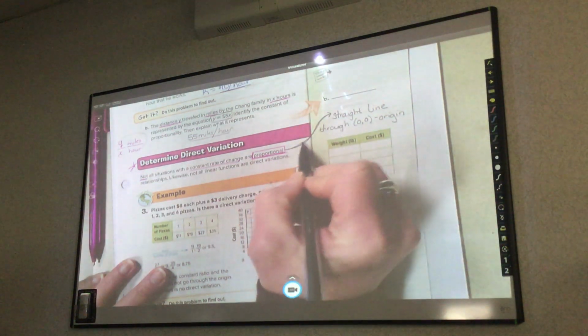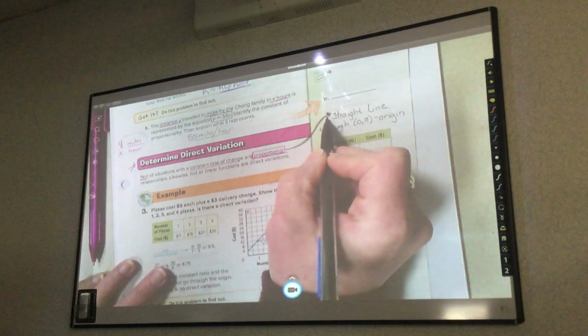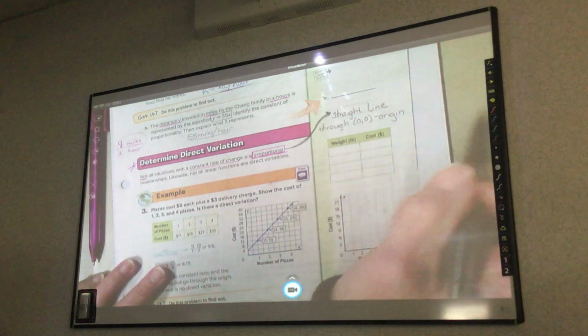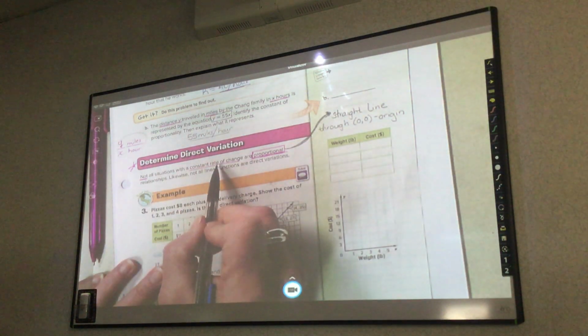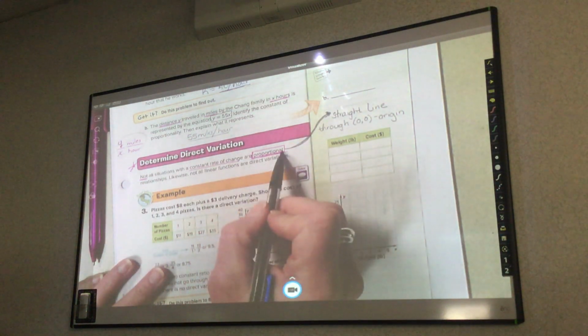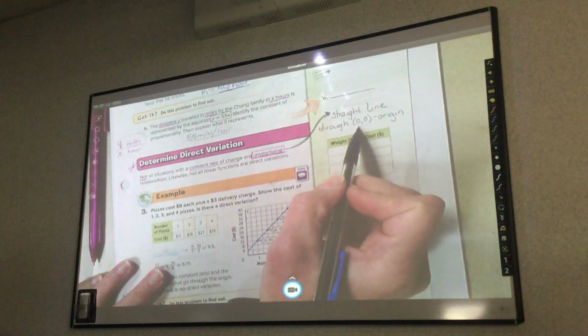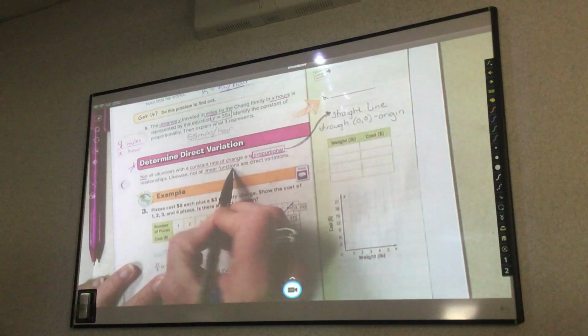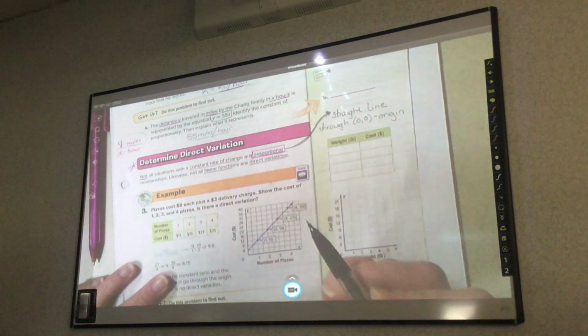That makes it proportional. So not all situations with a constant rate of change are proportional, which means they have a straight line and go through the origin. Likewise, not all linear functions are direct variations.